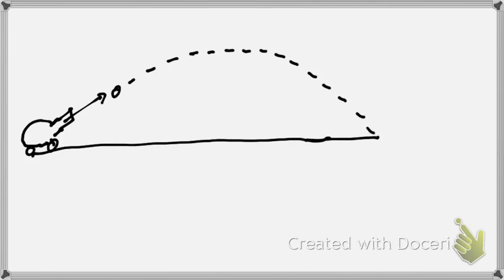And let's say that this vector is about 10 meters per second. It doesn't have to be a cannon, whatever it is. It's shot out at 10 meters per second, okay?